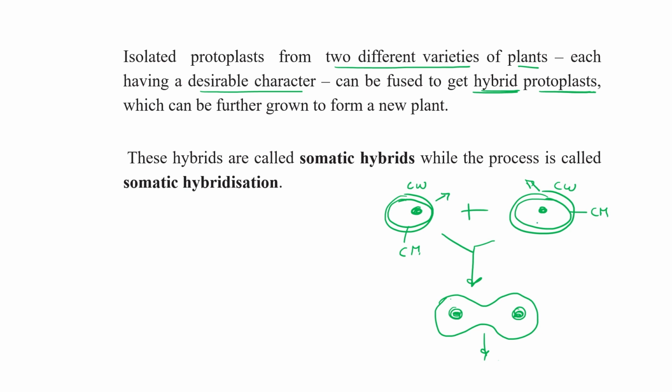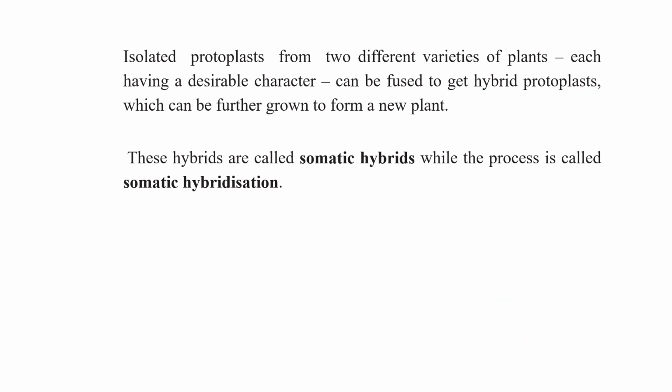The inner content is known as protoplast. So this is how they can generate hybrid protoplast. So this is having character of both the plants, right? This technique is known as somatic hybridization.